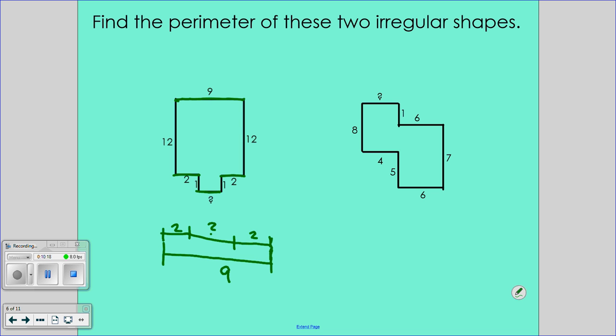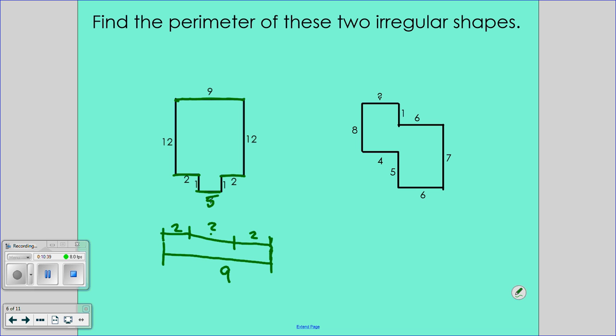Mason, what did you get? Diane, what'd you get? 5. 5 plus another part of 2 will give us 7, plus another 2 will give us 9. All right.